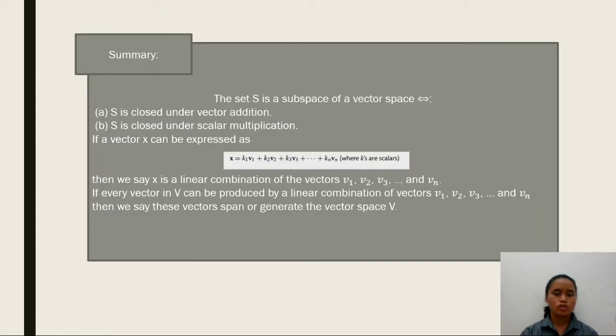Summary: what we can get from what we learned today.